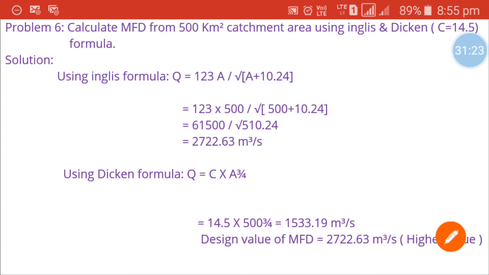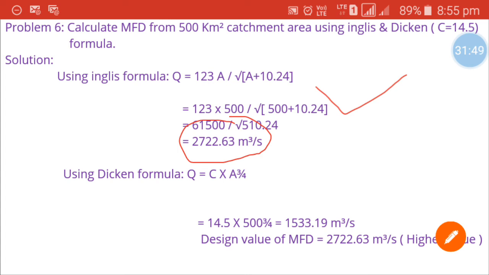So if we put this value of 500 in this formula, we can solve it and we get a result equal to 2722.63 cubic meter per second. MFD is discharge and therefore the discharge unit will be there. So you can check this calculation.